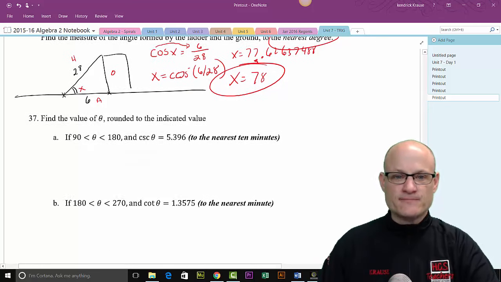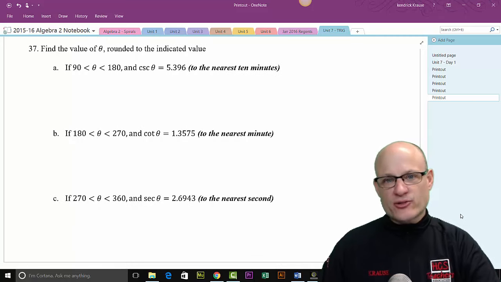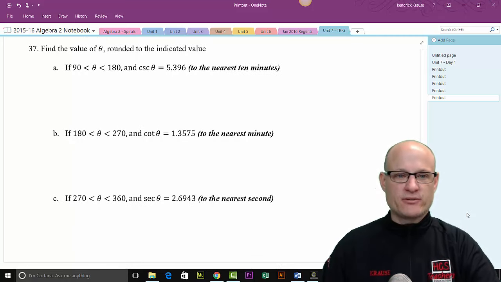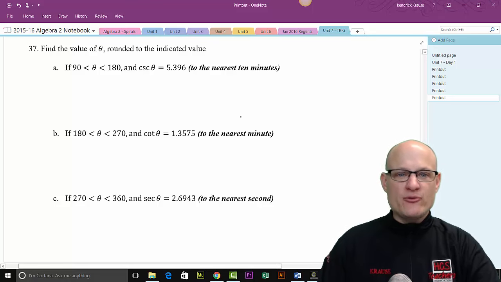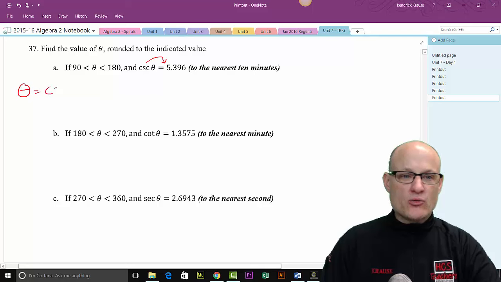These are kind of tricky, so pay attention. We need to figure out theta. If I was to just do this, bring the cosecant over, I get cosecant negative 1 of 5.396.